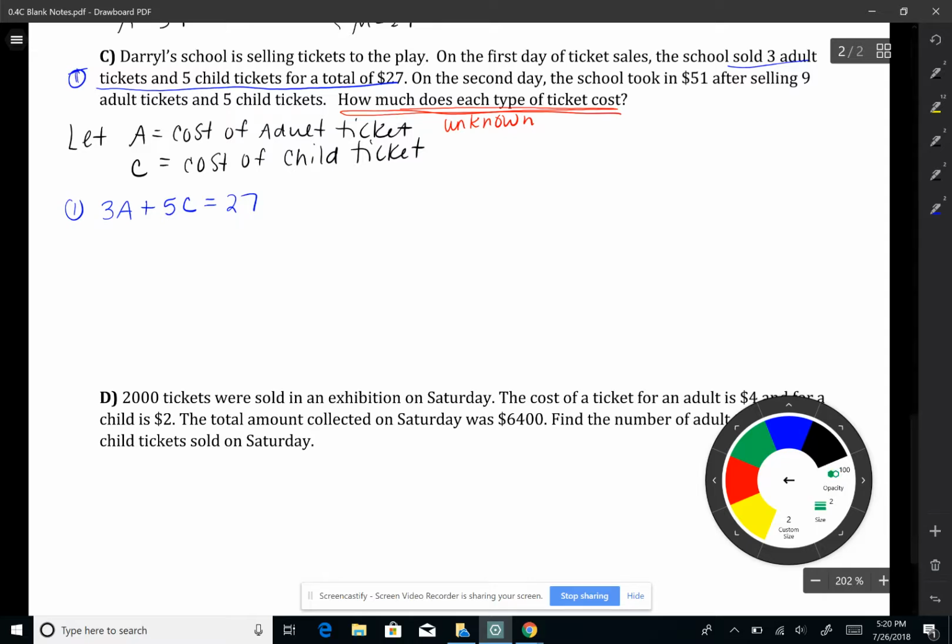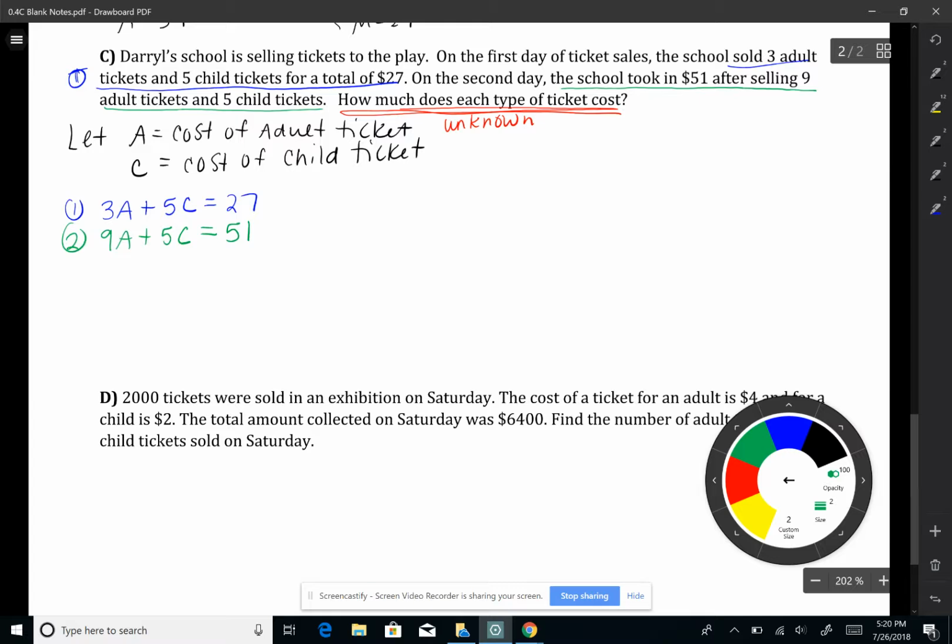Okay, the next sentence says, on the second day, the school took in $51 after selling 9 adult and 5 child tickets. So this is the same idea. The order of the information is just reversed. We sold 9 adult, so 9A, plus 5 child, 5C, and we made $51.